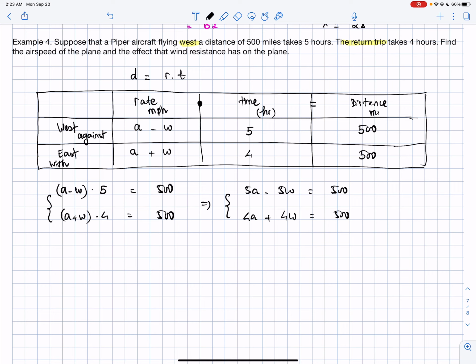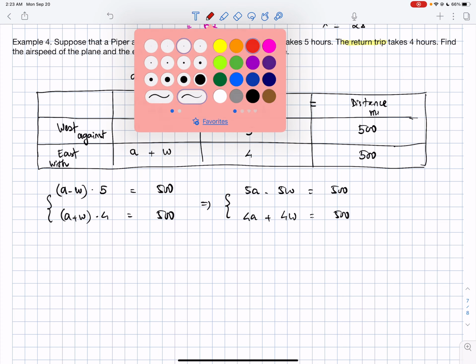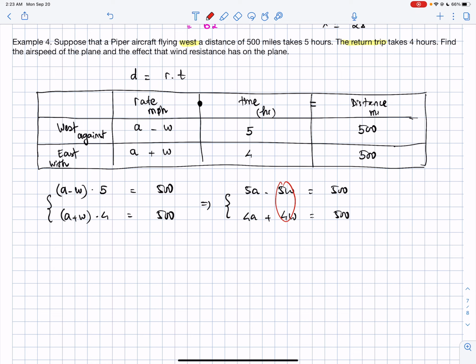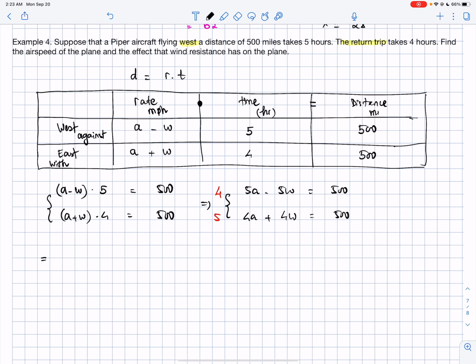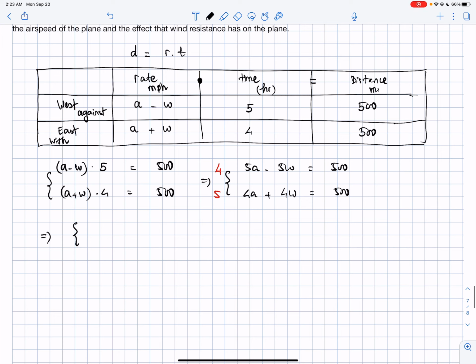We will eliminate either of the variables. I look at the W, so I want to multiply by 4 and 5 so that I can eliminate the W, because 4 and 5 both go to 20. So I will have 20A minus 20W, multiplying both sides of the top equation by 4 and the bottom by 5.